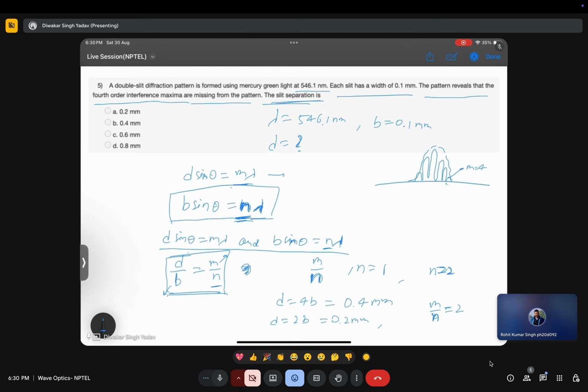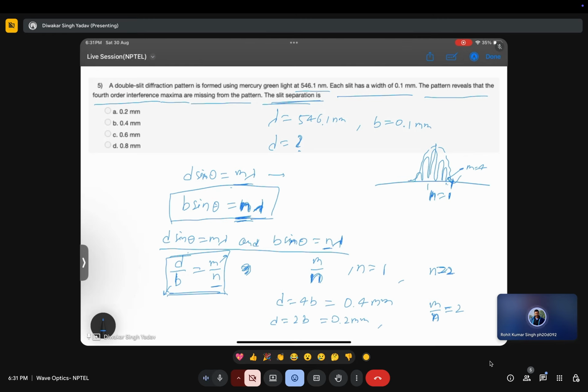So basically, this minima that is happening, which order of minima will coincide with the fourth order interference maxima? Very likely it should be n equal to 1, first order. I am trying to think about it.